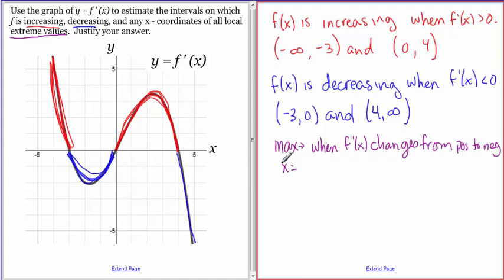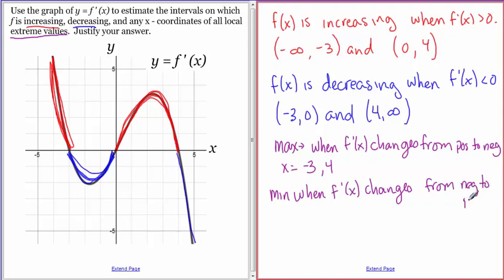That happens at -3 and at 4. We have a min when f prime of x changes from negative to positive. So when I change from negative to positive, that's at x equals 0.